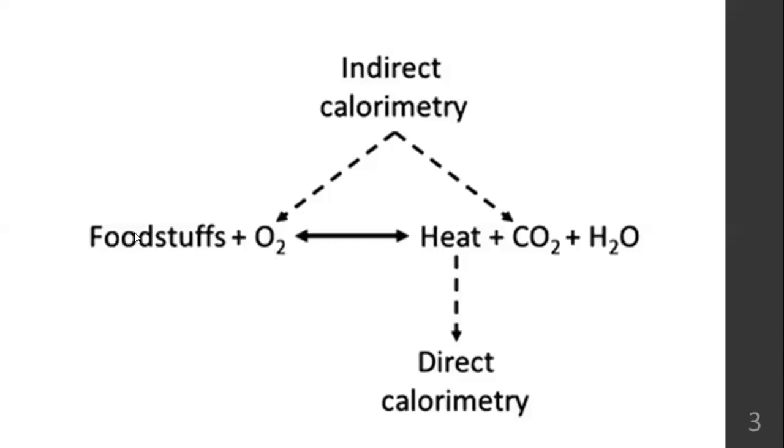When you eat food, whatever food stuff you eat, it goes into your body. Along with that, you're breathing as well. You are alive, you're breathing. Along with the food, oxygen is required to produce heat in your body, to release carbon dioxide, and to make metabolic water. The H2O you see here is metabolic water.